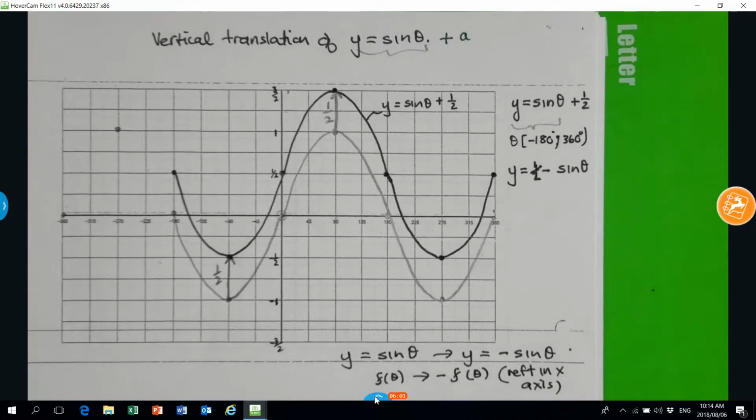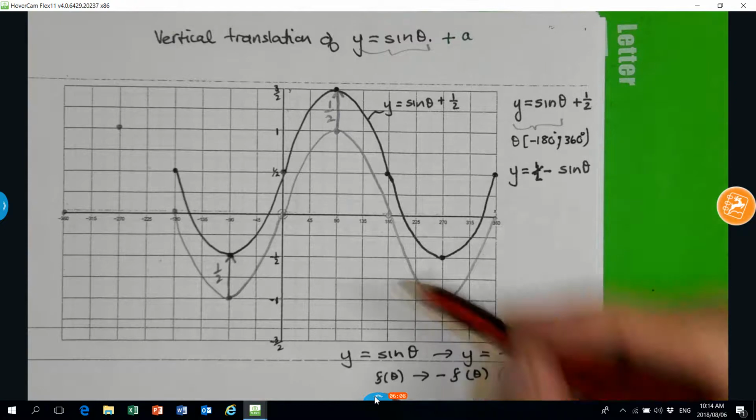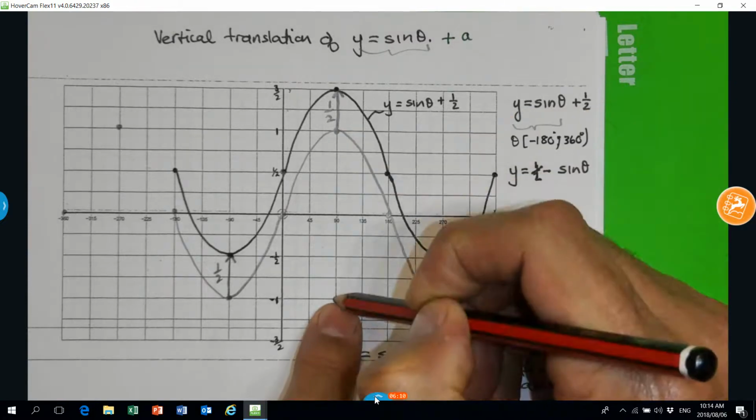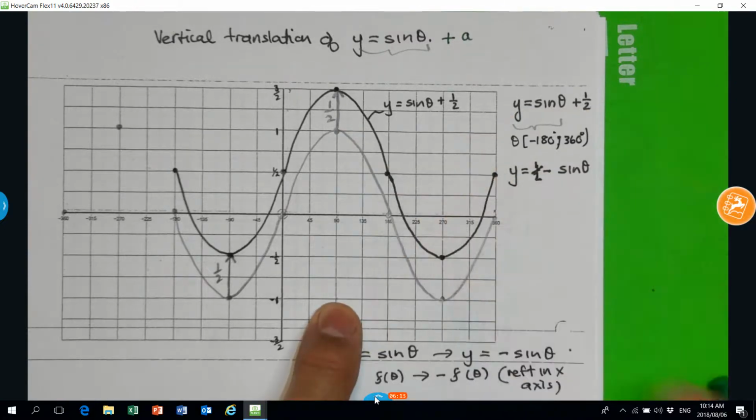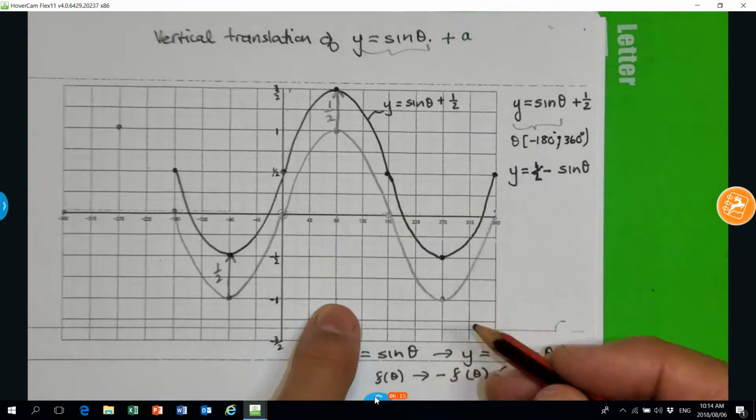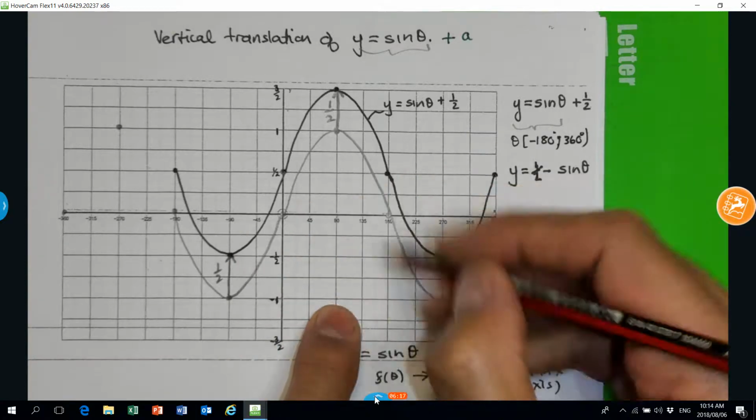So I'm first going to do that change. I'm going to reflect the mother curve in the x-axis, meaning all the positive y values become a minus y value. The minuses become positives. So the graph is literally flipping in this horizontal axis.